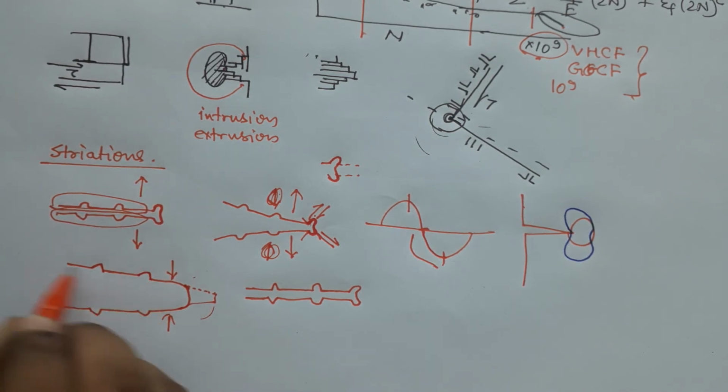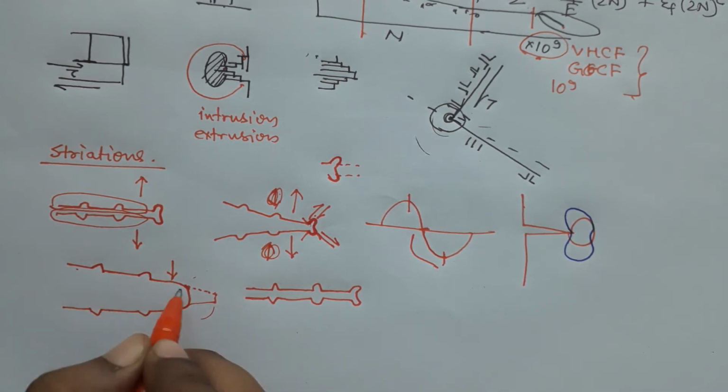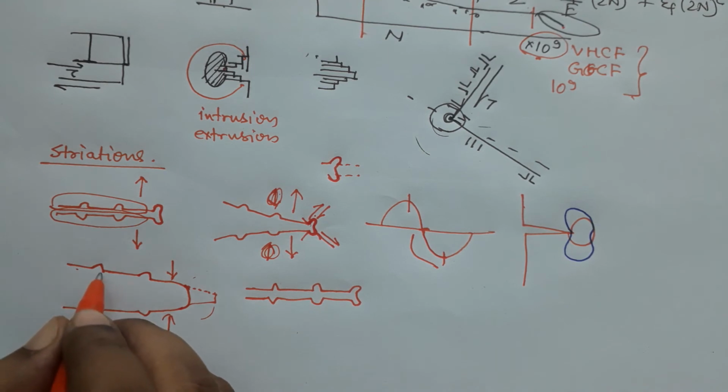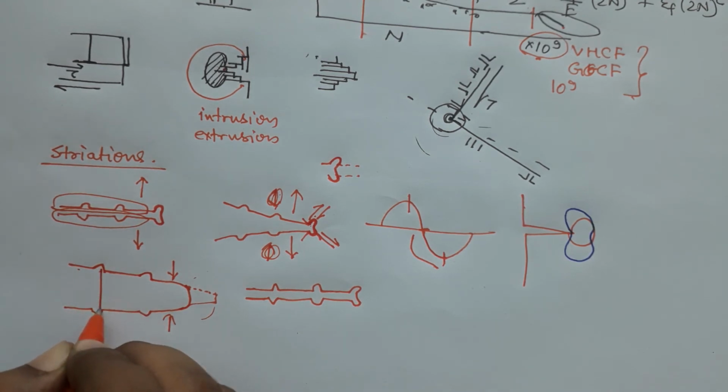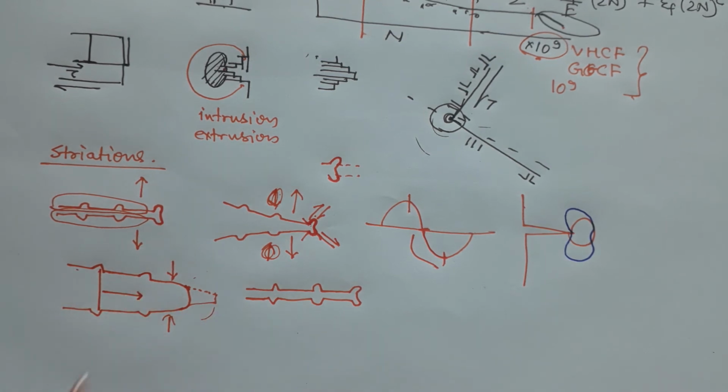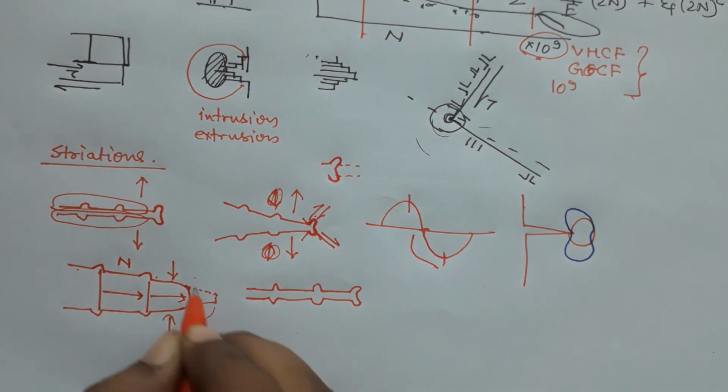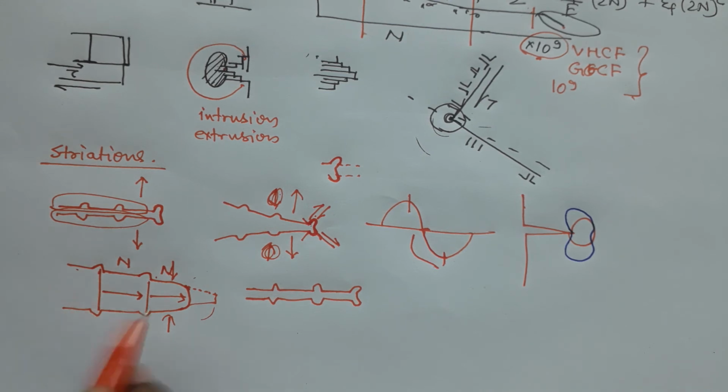These parts are the previous shearing which has happened, and so the crack has moved from this part to that part in each cycle. Okay. So this is one cycle, this is another cycle, and this is in 2 dimensions.